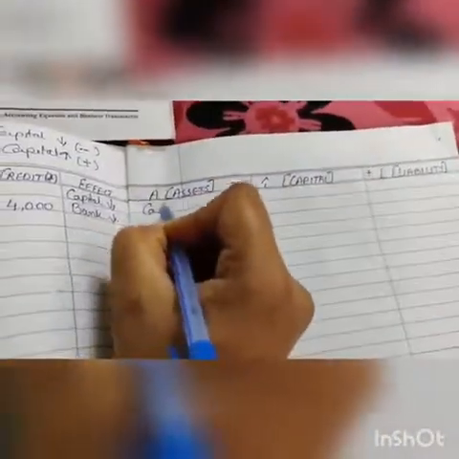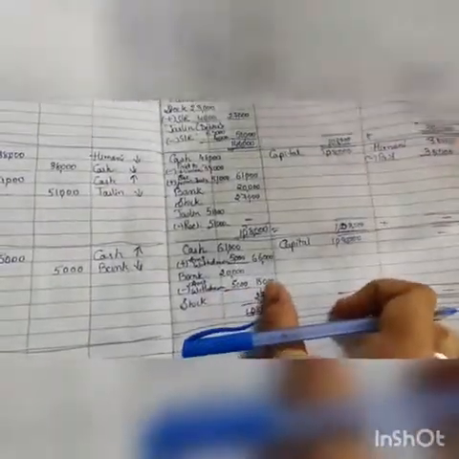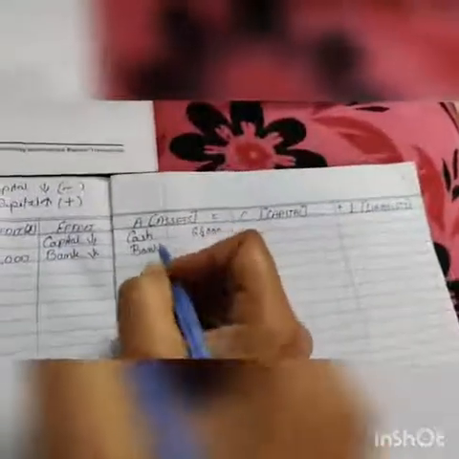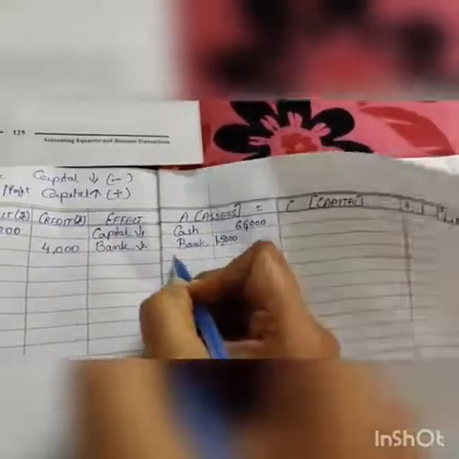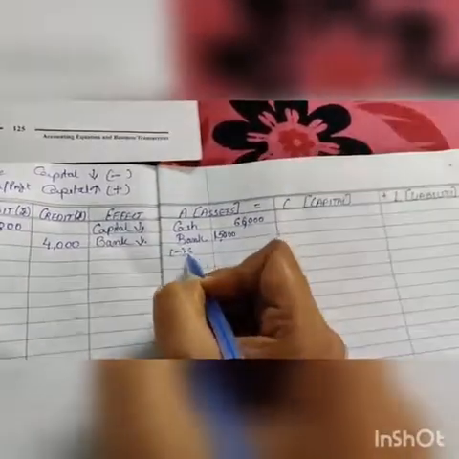This effect will come. Now first, again we will go to the asset side. Cash is 66,000, so that we will write down, because no effect is coming. Then bank, there is an effect in bank. Bank is reducing. Bank was 15,000, so here 15,000, and it is reduced by 4,000 as salary paid.